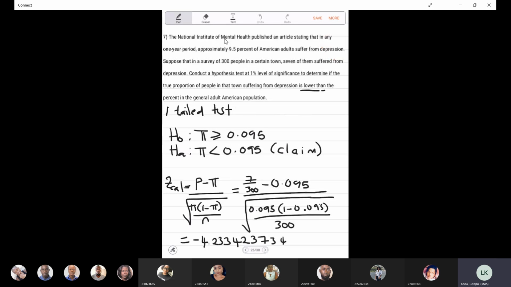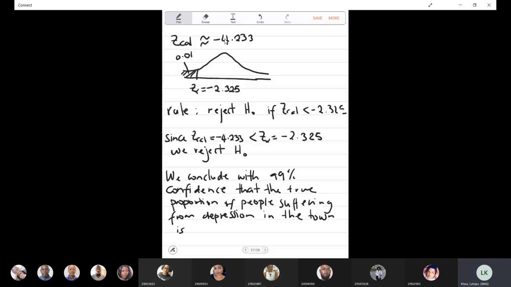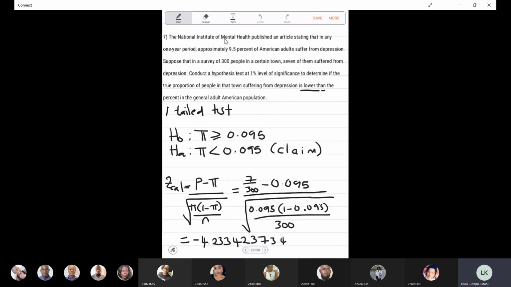The true proportion of people suffering from depression in the town is less than that of the general American public, less than the general adult American population.